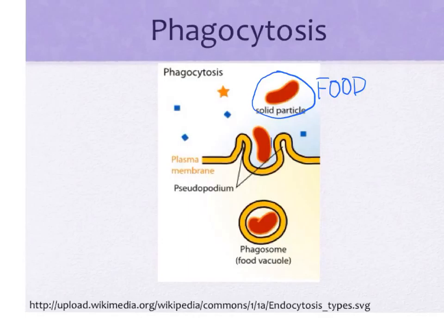It'll approach the cell membrane here. Part of the plasma membrane will start to scoop around it, eventually totally surrounding it and engulfing it, and then the little pod that's left over is free to move into the cell. This is called phagocytosis, and it is how cells can get large pieces of food into a cell.